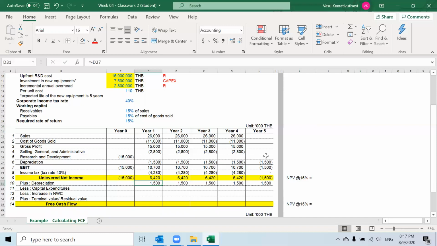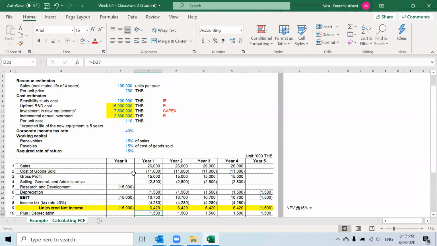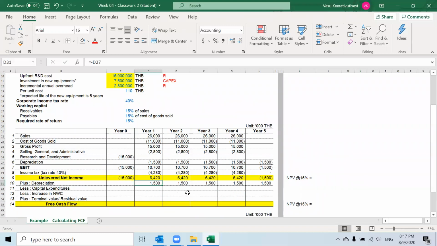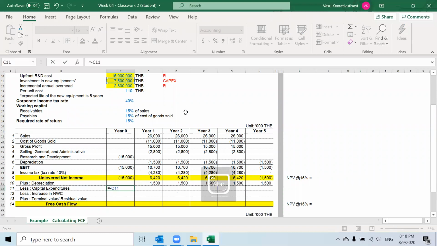Then your capital expenditure is here. It is equal to minus this one, divided by 1000.